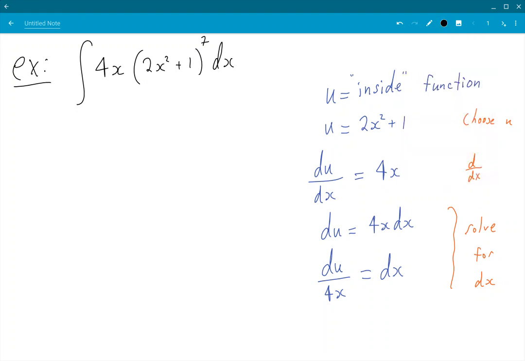So let's go ahead and do that. So the 4x stays. I get u to the power of 7. And then dx becomes du over 4x.